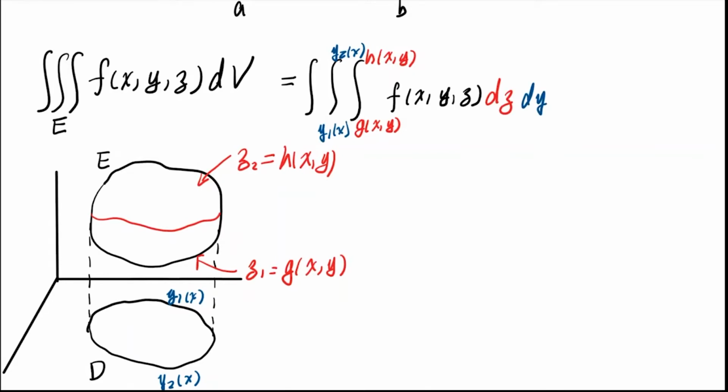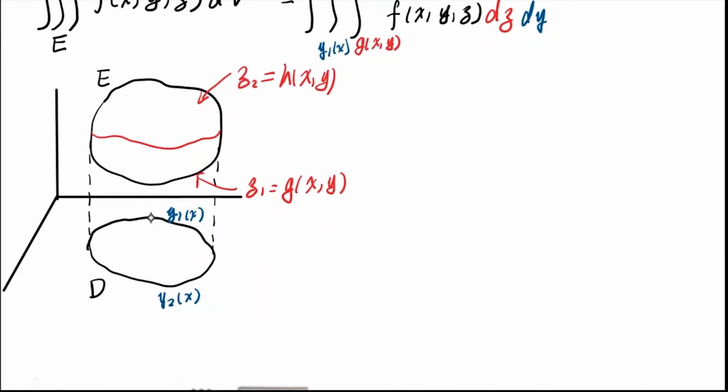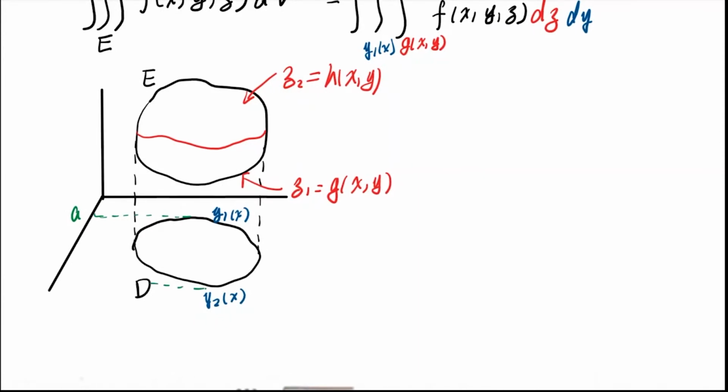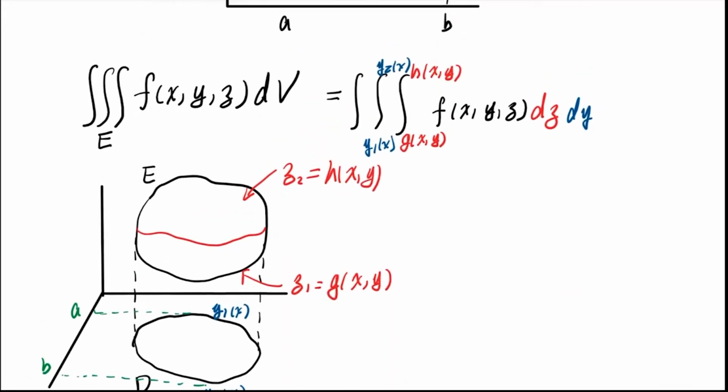Good. And lastly, the constant term, and then let's say this thingy here is a, and this way is b. Good. So the x varies from a to b. How about that?